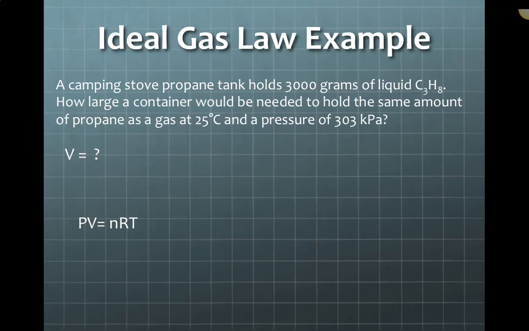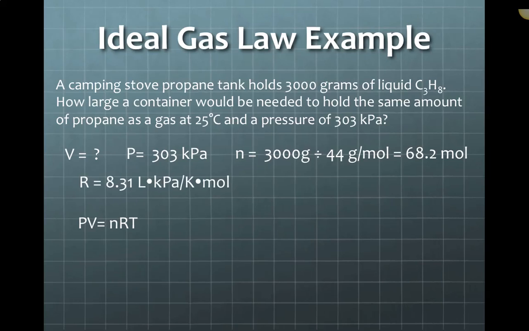Well, in order to solve for V, we have to know the pressure, which is given as 303 kilopascals. We also need to know moles. Now, we're given 3,000 grams, so I had to use the periodic table to see that the mass of propane is going to be 44 grams per mole. So that tells me that I have 68.2 moles of propane. We have to pick a gas constant.